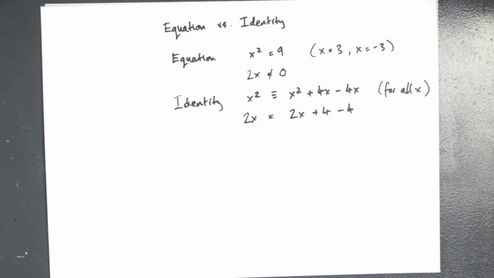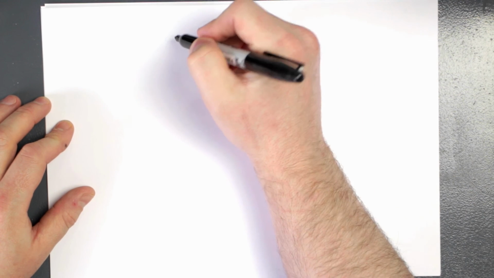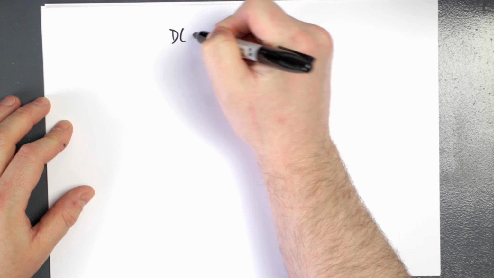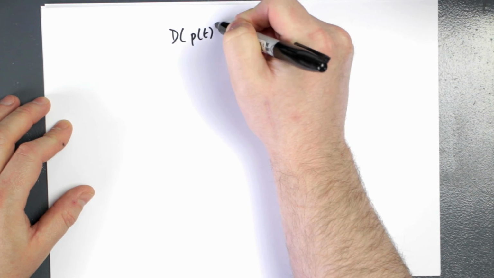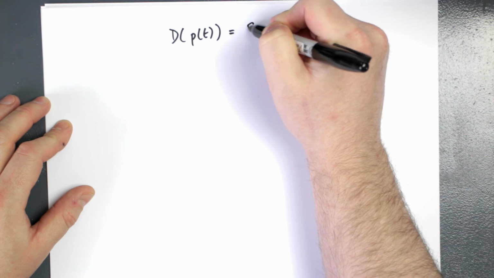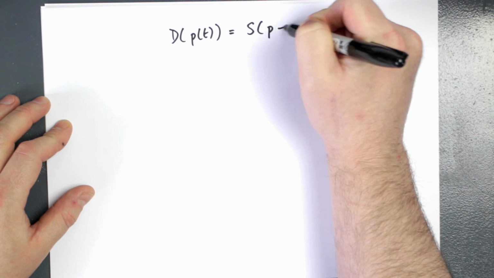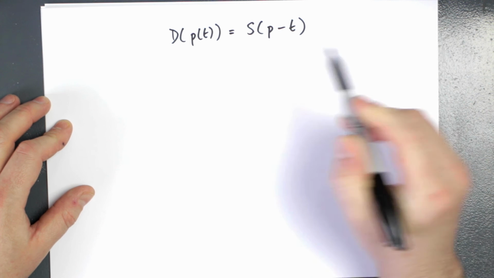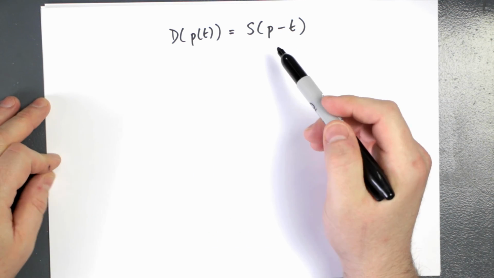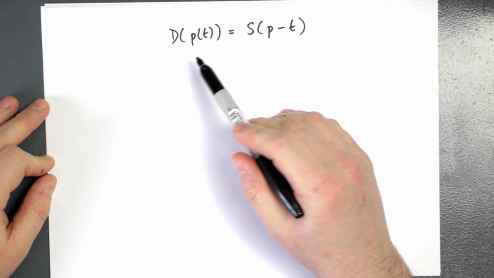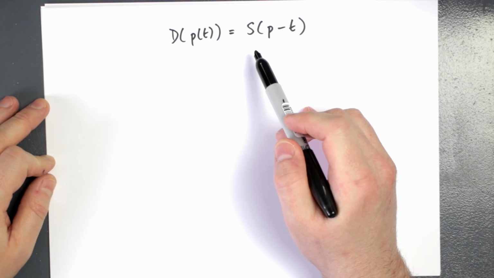Okay, now let's look at our tax problem. We've started with this condition. We've said, well, in equilibrium, whatever the tax rate is and the price, if it's an equilibrium, then supply equals demand.